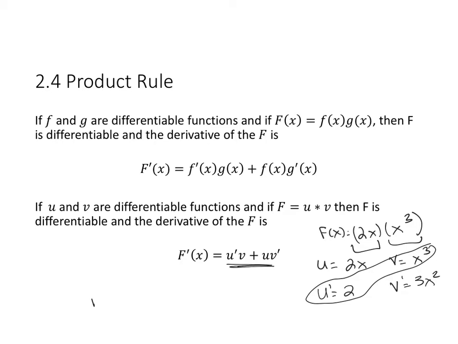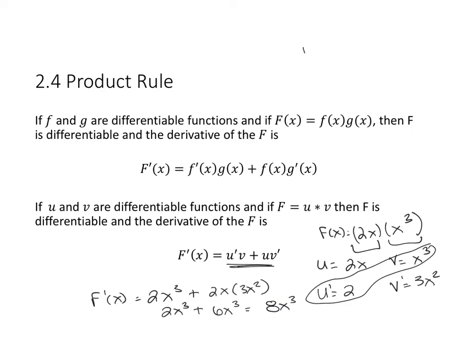So the derivative, f prime of x, is going to be u prime times v, or 2 times x cubed, plus the other two, 2x times 3x squared. So that's 2x cubed plus 6x cubed, or 8x cubed.